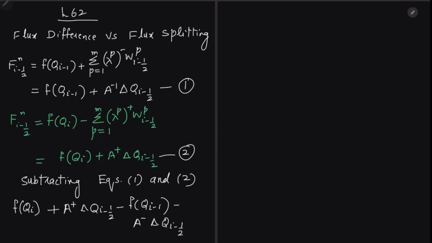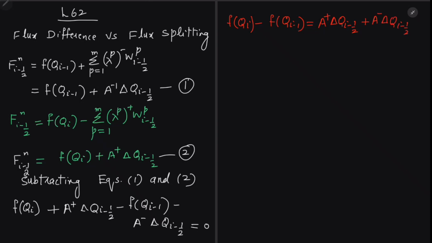On the left hand side, you can also see that we have F n at i minus 1 half. This will be equal to 0. So we have f of q i minus f of q i minus 1 is equal to a plus delta q i minus 1 by 2 plus a minus delta q i minus 1 by 2.